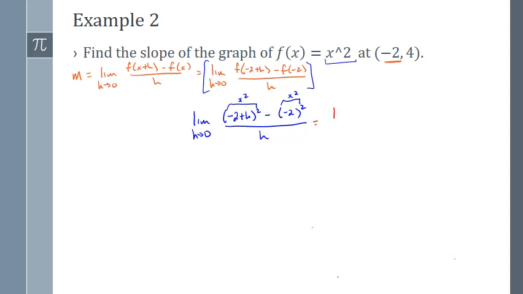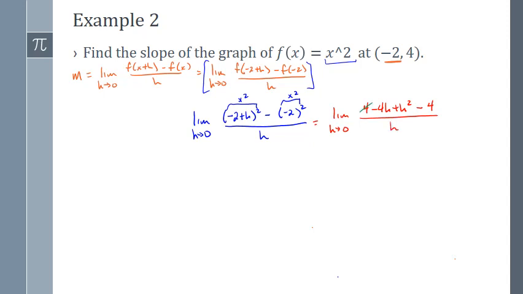Now we can start evaluating or simplifying. Can't plug in 0 yet because it's still undefined. So I'm going to expand this out. Negative 2 plus h squared is 4 minus 4h plus h squared, minus 4, all over h.